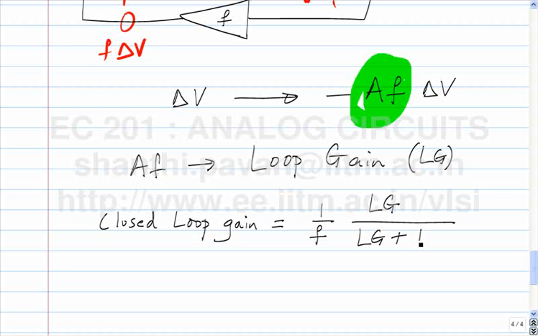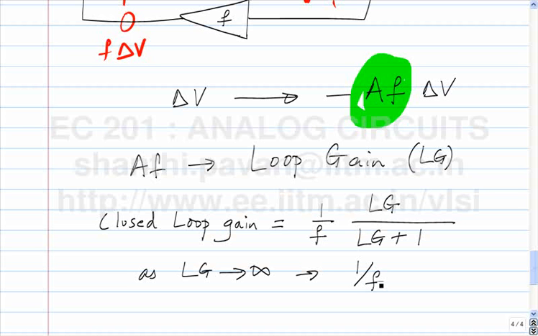AF by AF plus 1, and AF is the loop gain. So the closed loop gain is 1 over F times the loop gain divided by the loop gain plus 1, and as the loop gain tends to infinity, the closed loop gain tends to 1 over F.